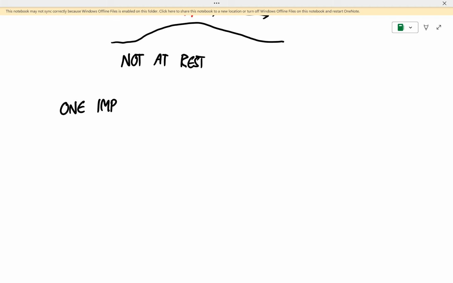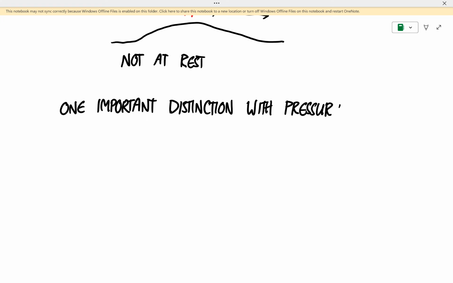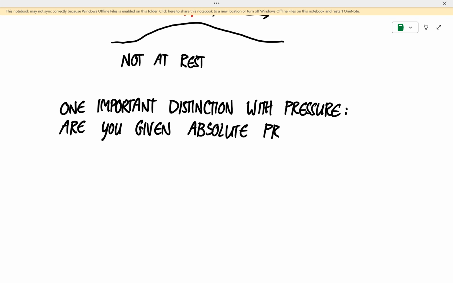So one important distinction when you're talking about pressure: before you can use any pressure value, you have to know, are you being given an absolute pressure or a gauge pressure?